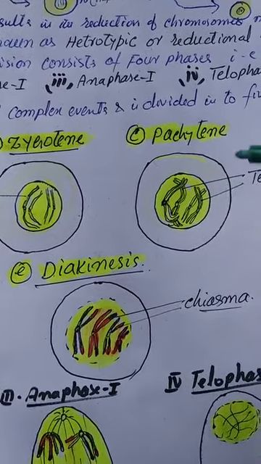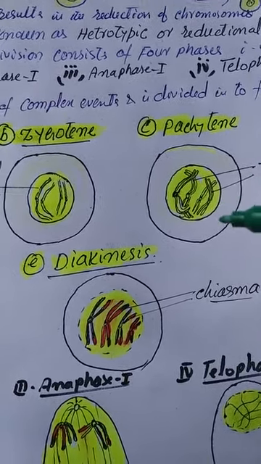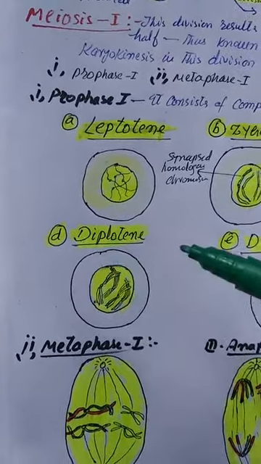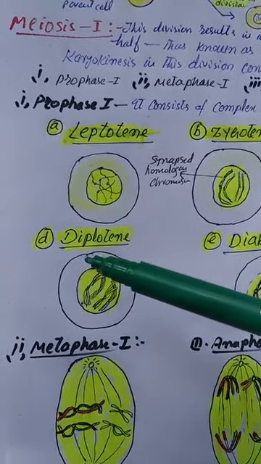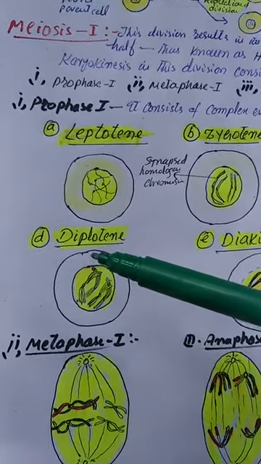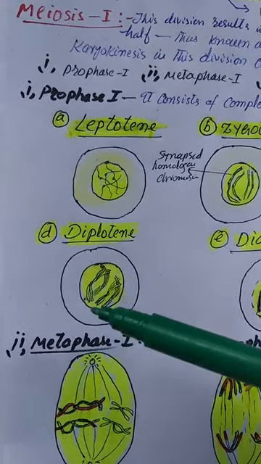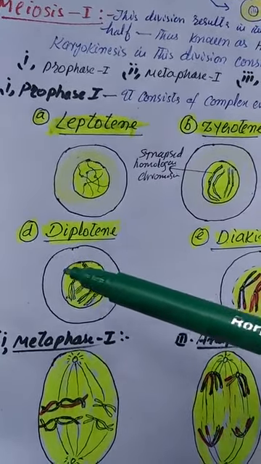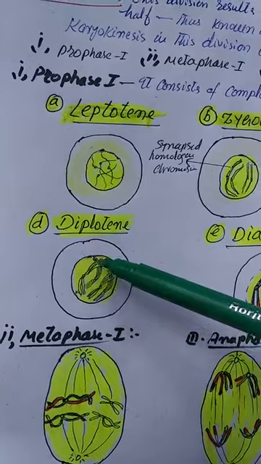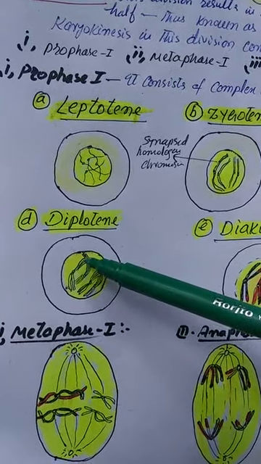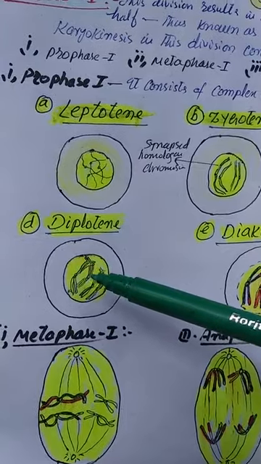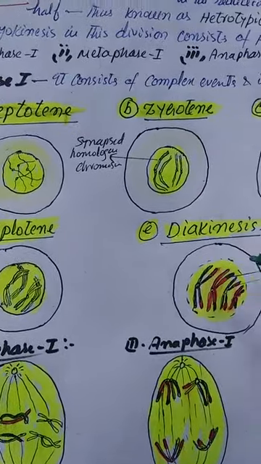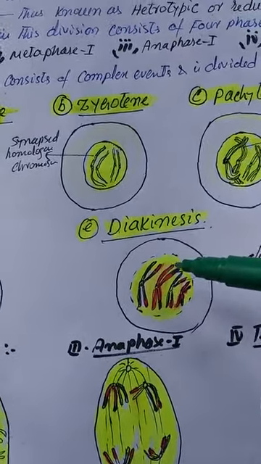Now after this, the fourth stage of prophase 1 is known as diplotene. This diplotene stage is marked by the dissolution of the synaptonemal complex, and the homologous chromosomes start separating from each other except at the sites of crossing over, as you can see at these sites, and these sites are known as chiasmata.